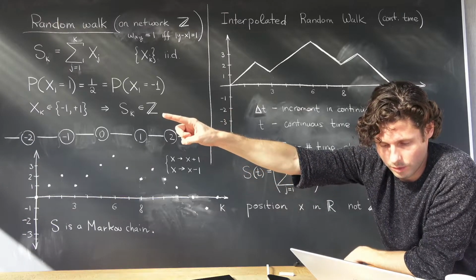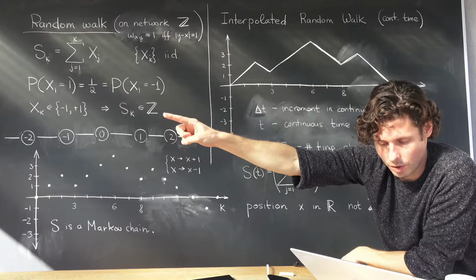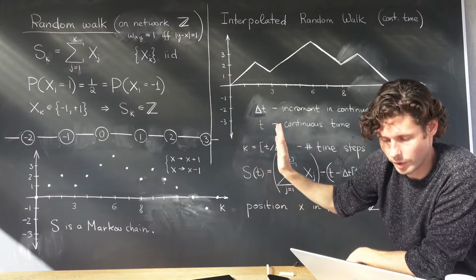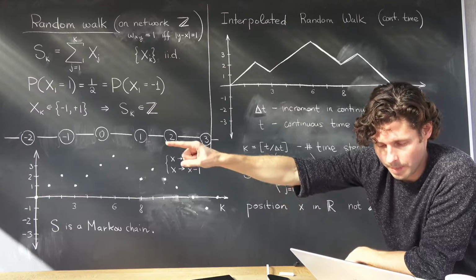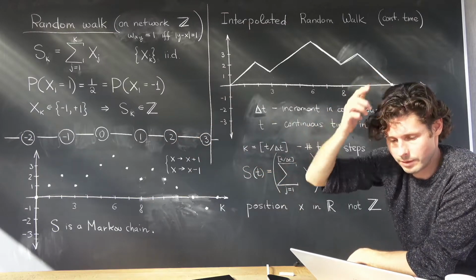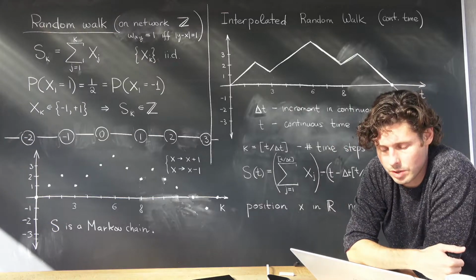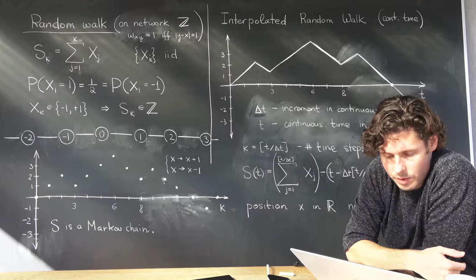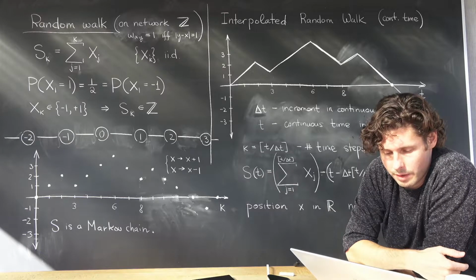And therefore, of course, given that I start at an integer and my movement is always in increments of 1, whether this way or that way, in the end this Markov chain is going to be valued in the integers. So those are two different descriptions of the same thing.